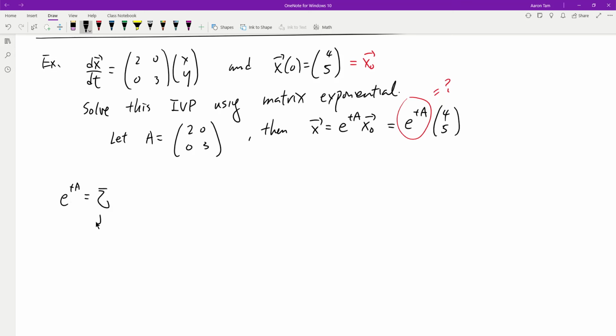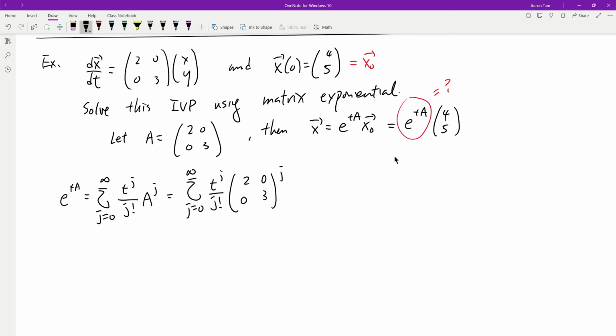That's basically the summation j from 0 to infinity of t to the j over j factorial times A to the j. So that's the summation j from 0 to infinity of t to the j over j factorial times the matrix 2, 0, 0, 3 to the j power.